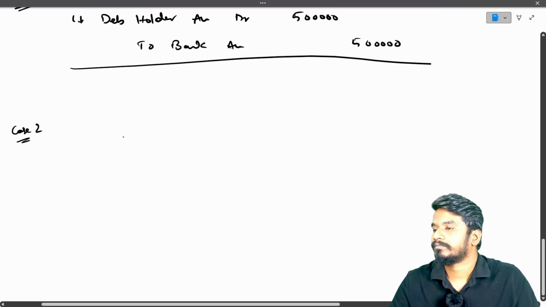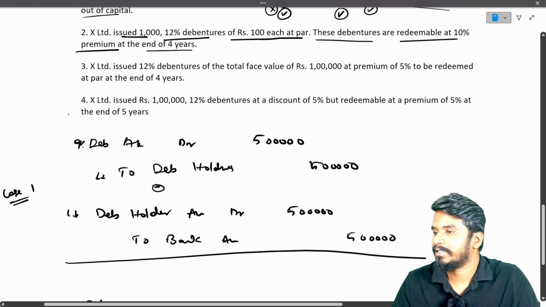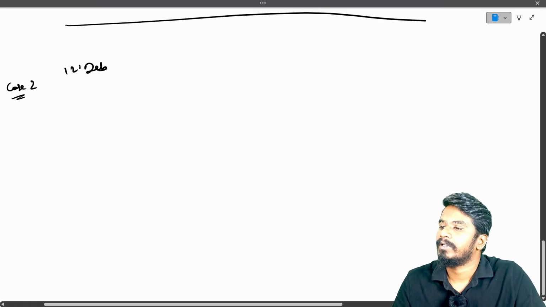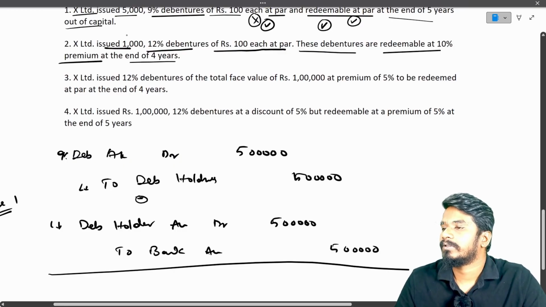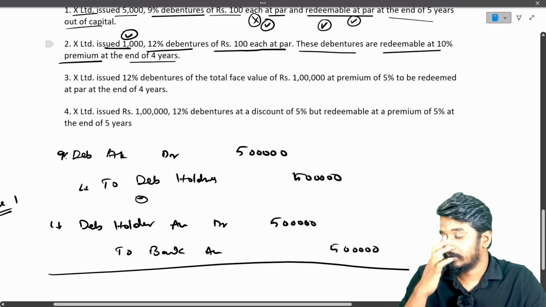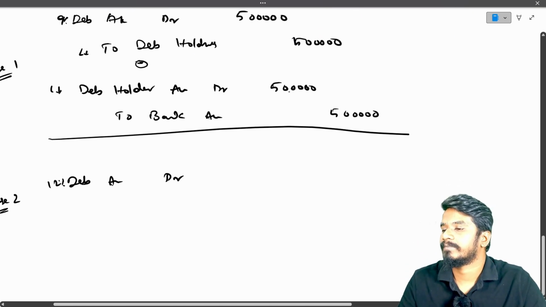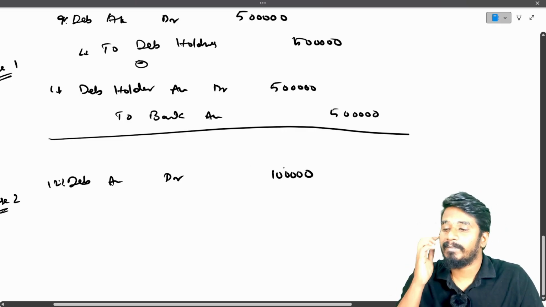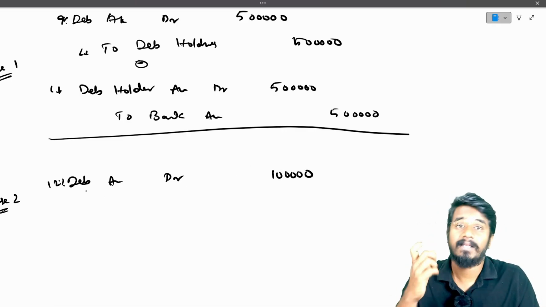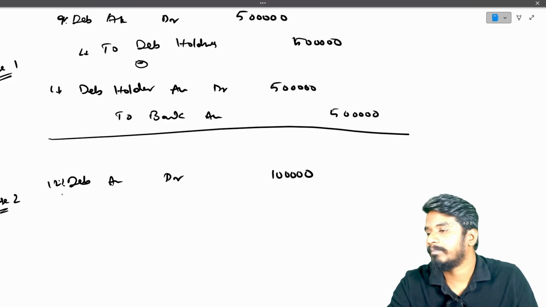Obviously, how much percentage of debenture is it? 12 percentage. 12% debenture account will get debited for how much? That is for 1,000 into 100, which is 1 lakh rupees. Now premium is also there, so we need to debit the premium.